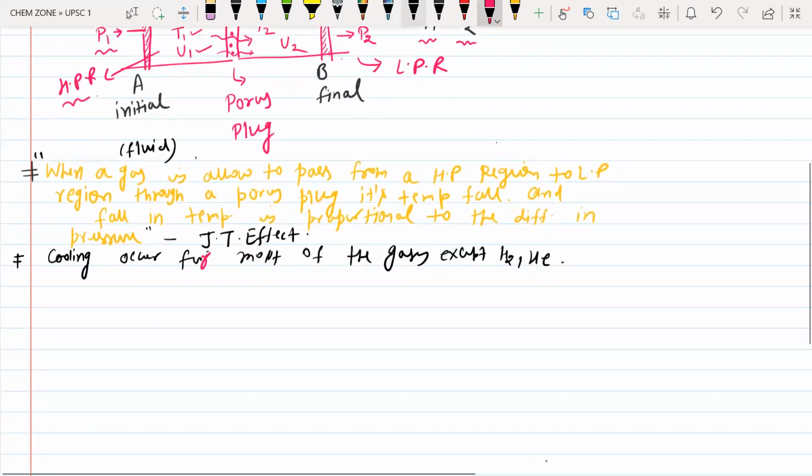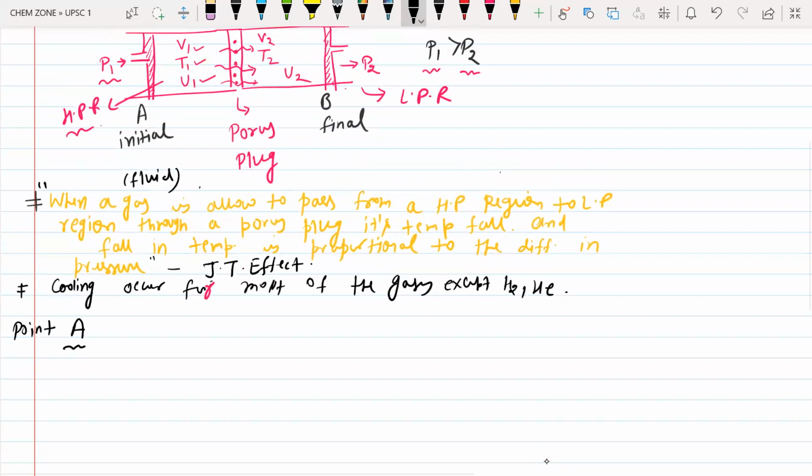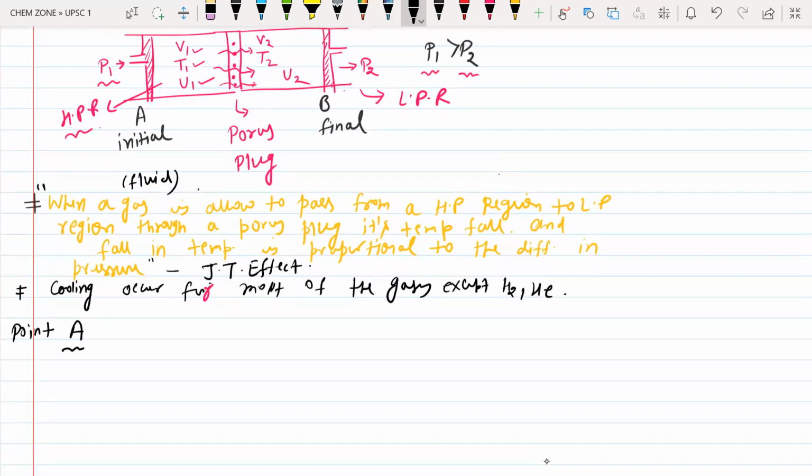So let us take the point A. What is the work done by the gas on the piston at point A? Let us suppose the work done is given by W1.